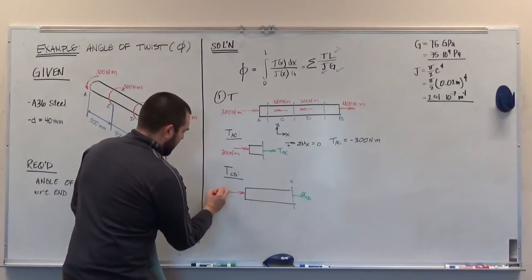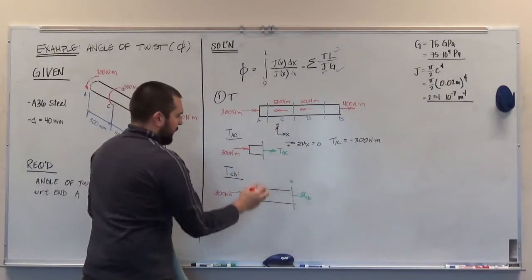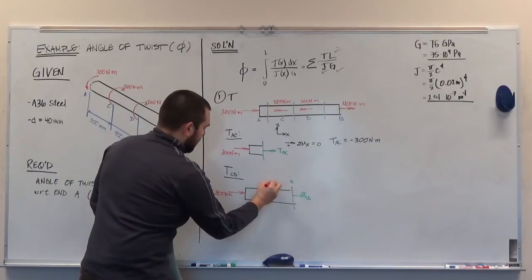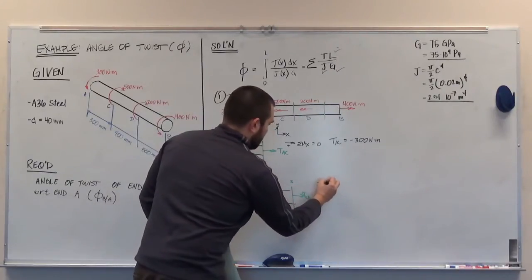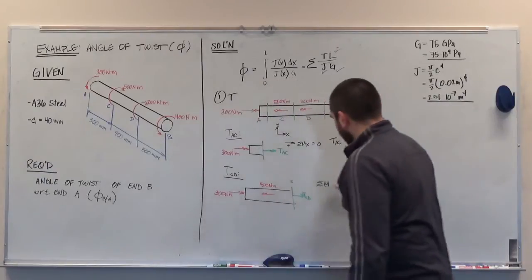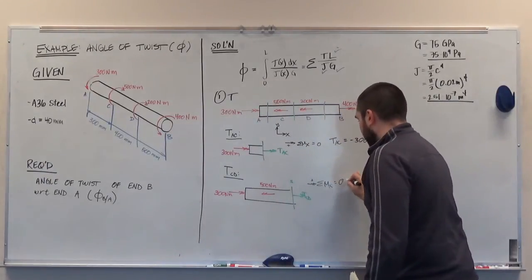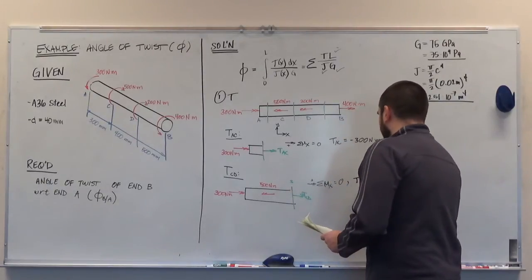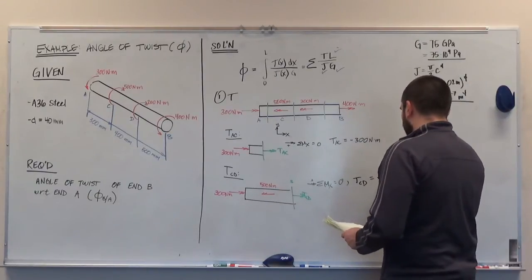I still have the torque at A, which is my 300 Newton meters pointed to the right, but now I'm going to have my 500 Newton meters pointed to the left at point C. I'm going to sum my moments about the x-axis again, equal to 0, and I will find that the torque between C and D is equal to positive 200 Newton meters.